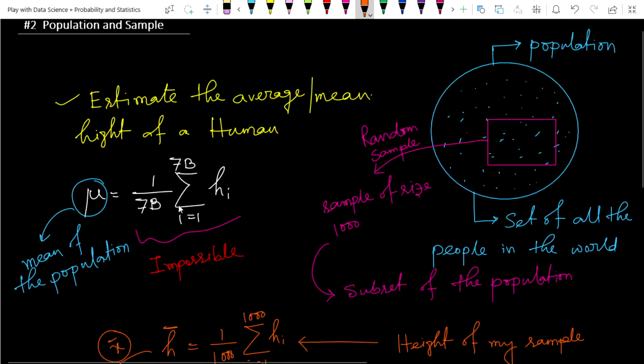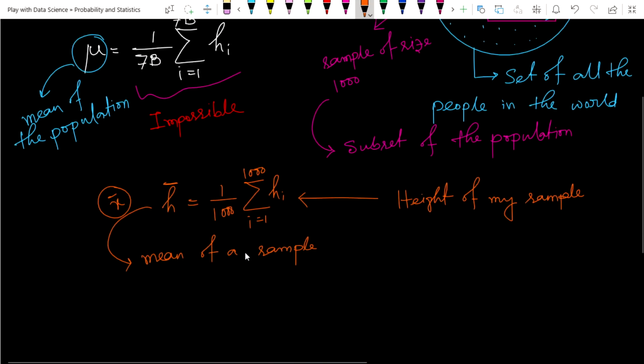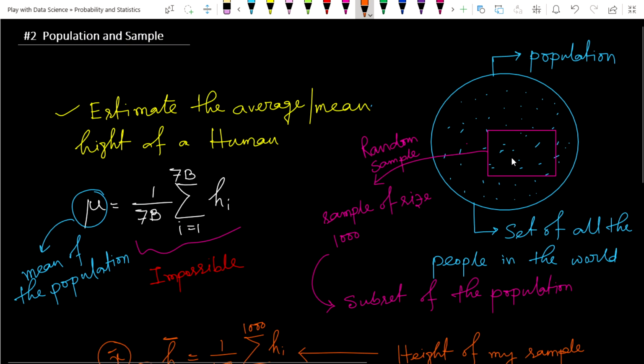The sample mean that we have used to estimate the average height of the population is called a statistic. So why is this chapter called statistics? Because we are using the sample mean to estimate the population.